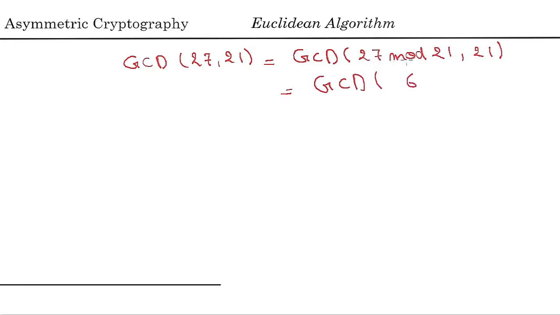As we already said previously, the mod operation is about the remainder of a simple Euclidean division. So it's the GCD of 6 with 21. So we reduce the bigger problem to a smaller problem.